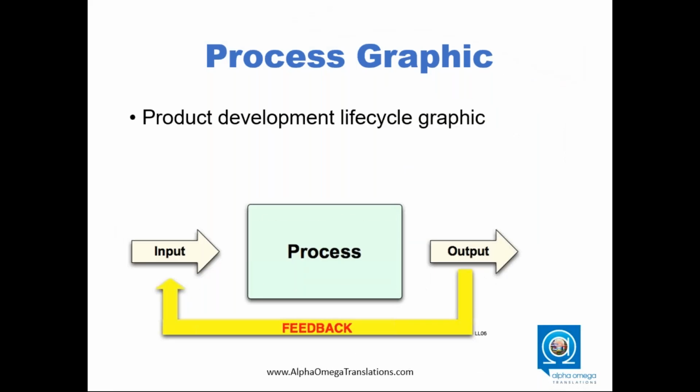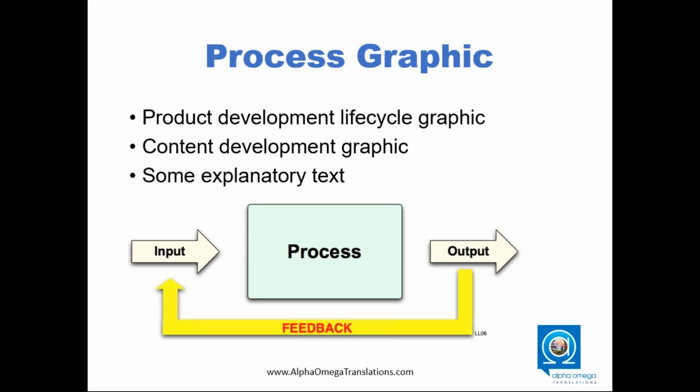This is where you want to give the product development lifecycle, some content development graphic, and some explanatory text. Again, you want to give as much context as you can. And again, about 1 or 2 paragraphs are enough. So you outline the expectations from the vendor, and then this will help the vendor understand your needs.